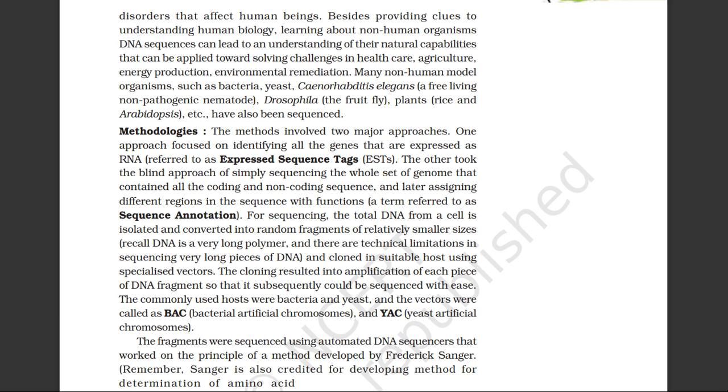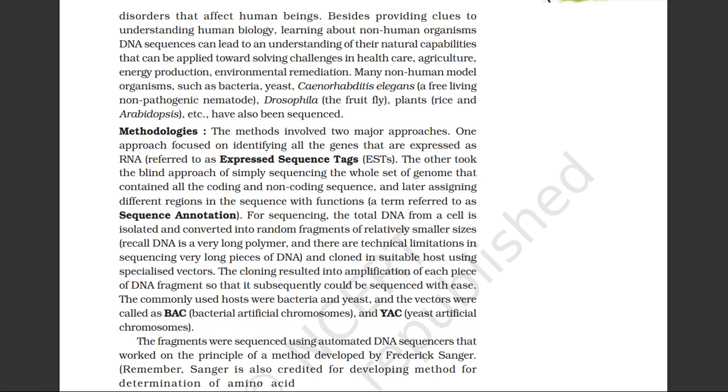For sequencing, the total DNA from a cell is isolated and converted into random fragments of relatively smaller sizes. Recall DNA is a very long polymer, and there are technical limitations in sequencing very long pieces of DNA, so the fragments were cloned in suitable hosts using specialized vectors. The cloning resulted in amplification of each piece of DNA fragment so that it subsequently could be sequenced with ease.